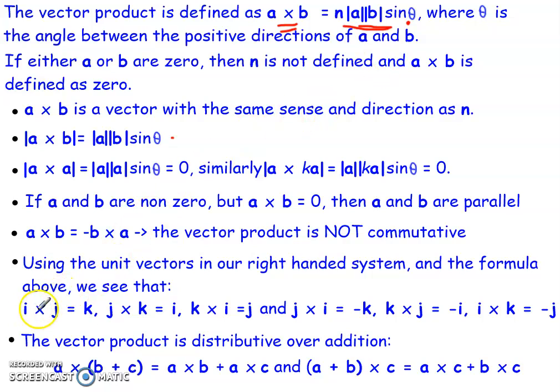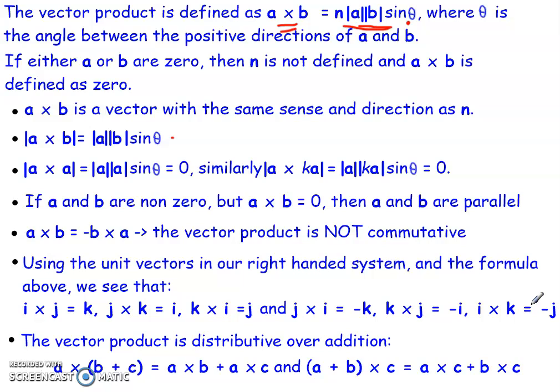So what we'll find is i cross j is k, j cross k is i, and k cross i is j. However, because we know it's not commutative, if we were to switch the order around, j cross i would be negative k, k cross j would be negative i, and i cross k would be negative j.